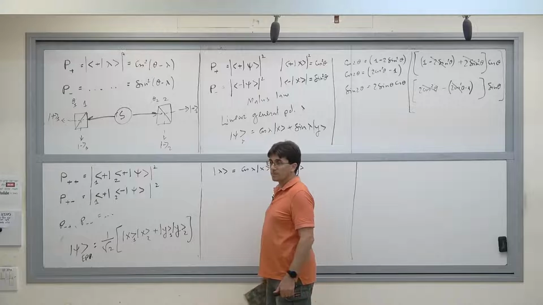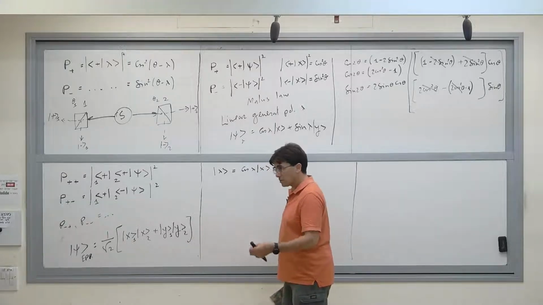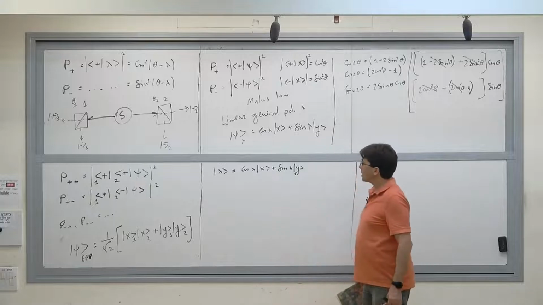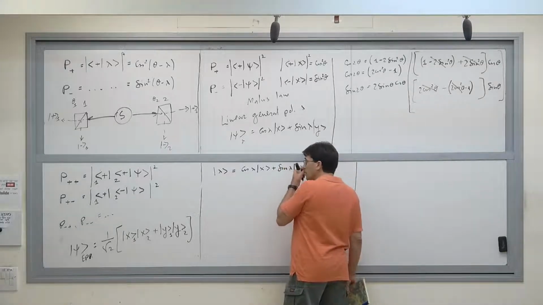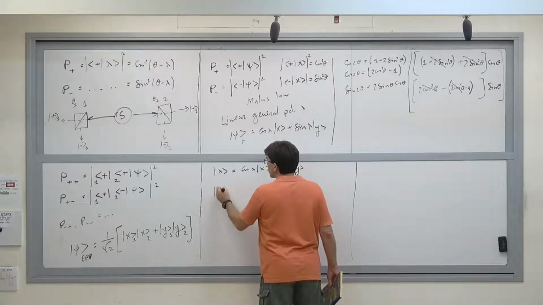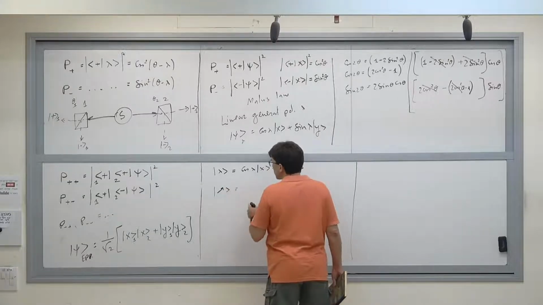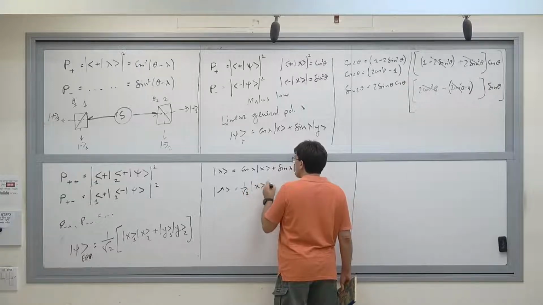What? Not according to what you wrote up top. Now wait, you'll see in a moment. Let's even do this for now. Let's call this state this. Okay, 45 degrees. This one is of course 1 over square root of 2 times x plus y.